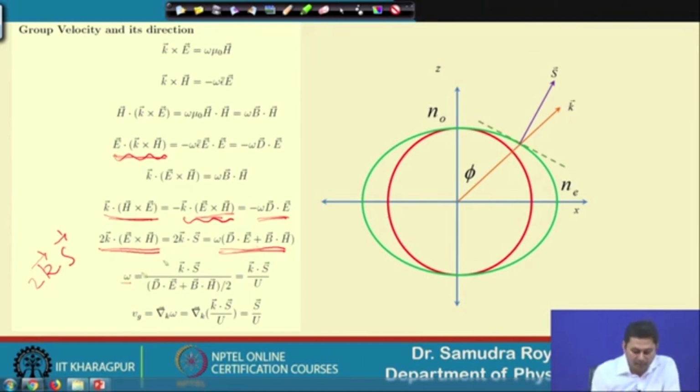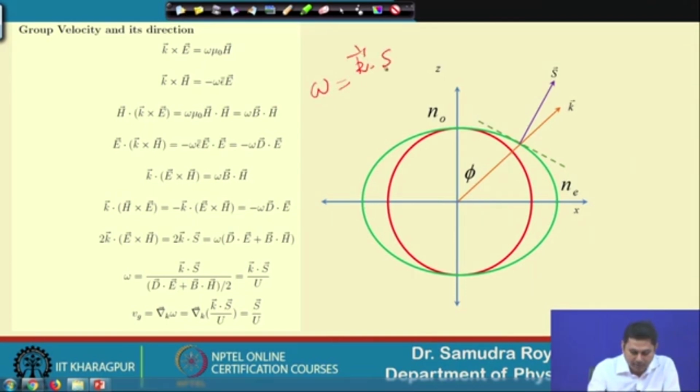Now omega will be 2 k dot S divided by D dot E plus B dot H, and I can write the 2 in the denominator, so that I can write it in terms of the total energy U. So finally we have an expression: omega is equal to k dot S divided by U.